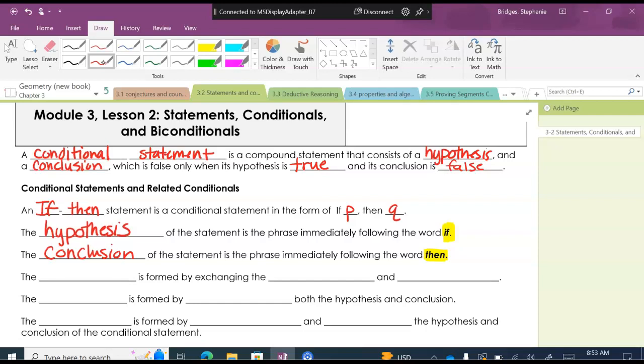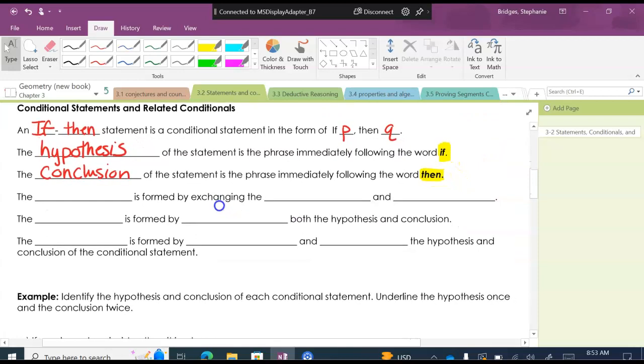Then we have three other statements that we're going to deal with, and those will be towards the end of the notes, but we're going to talk about them now. The first one is the converse, and no, I'm not talking about shoes. The converse of my conditional statement is formed by taking the hypothesis and the conclusion and switching them around. So exchanging the hypothesis and the conclusion.